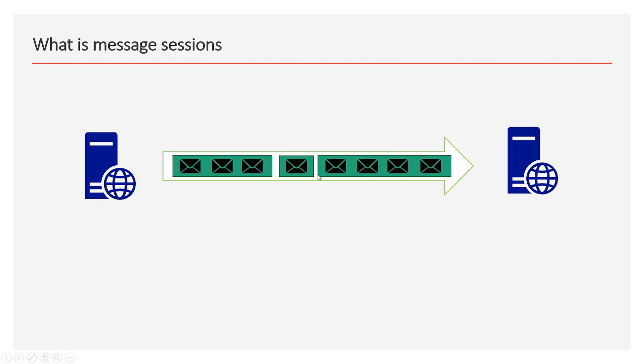But this has to be done simultaneously. If user 1 is ordering 3 items, you want to dispatch those items on a priority basis, right? The dispatcher should not consume user 1's item one, then user 2's item two, not like that, right?